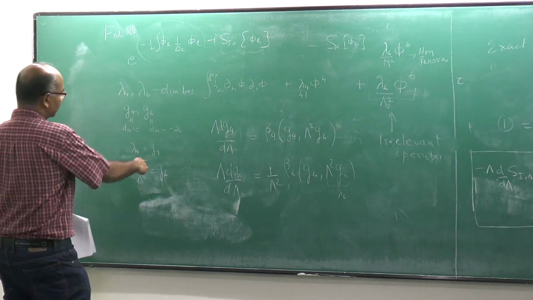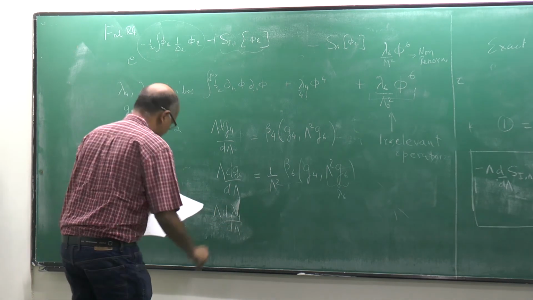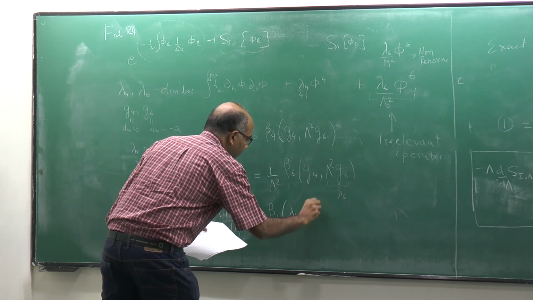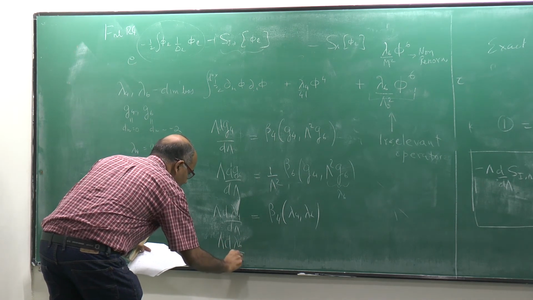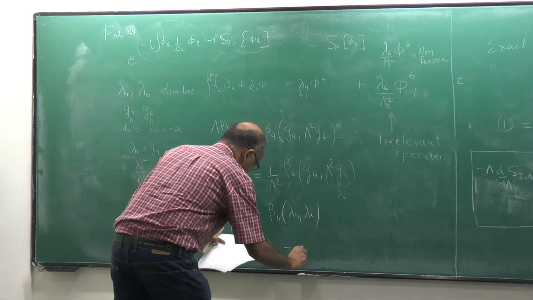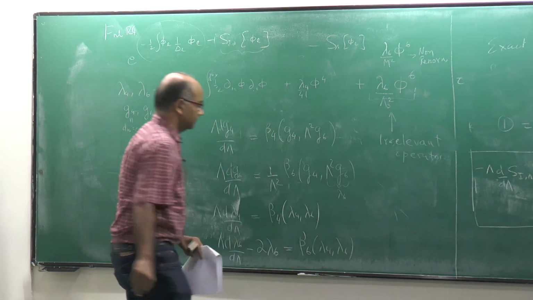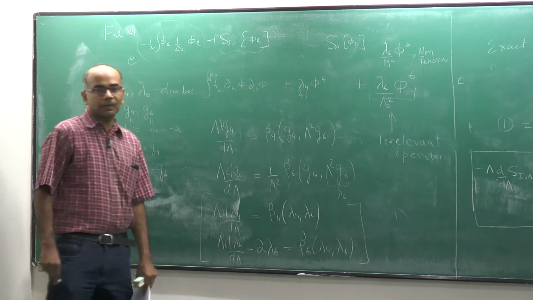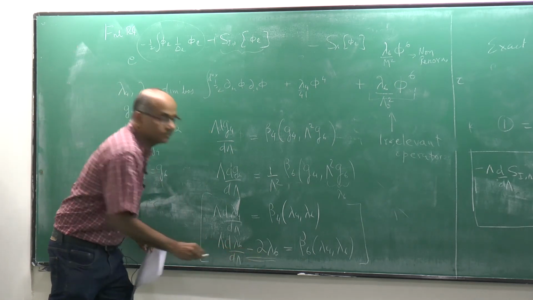If you write the same equation for this, you'll see the following: lambda d lambda 4 by d lambda equals beta 4, and lambda d lambda 6 by d lambda minus 2 lambda 6 is beta 6. So this is the structure. This is the all-important term.